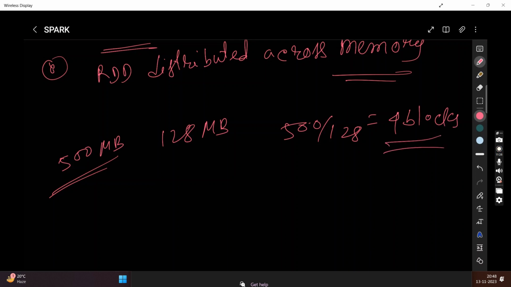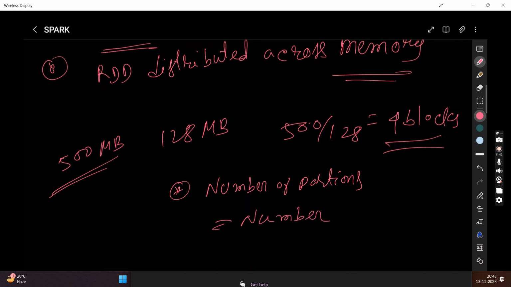There will be 4 blocks in HDFS. So I want to say one thing: the number of partitions is equal to the number of blocks. Remember this.